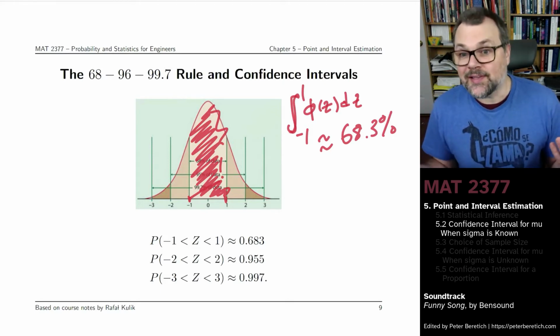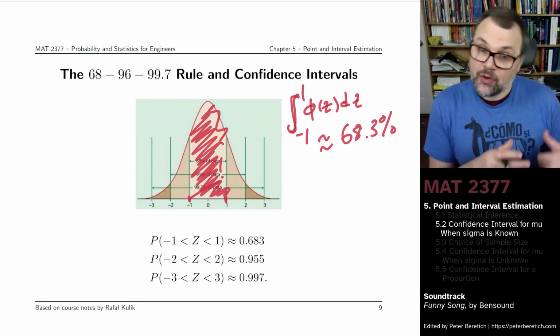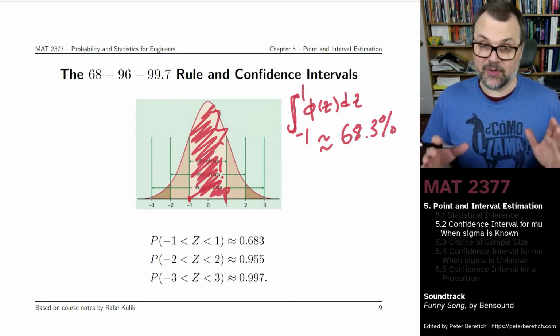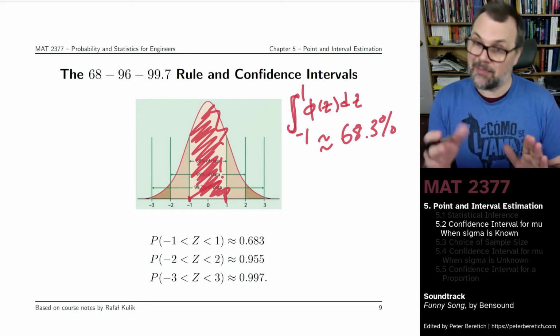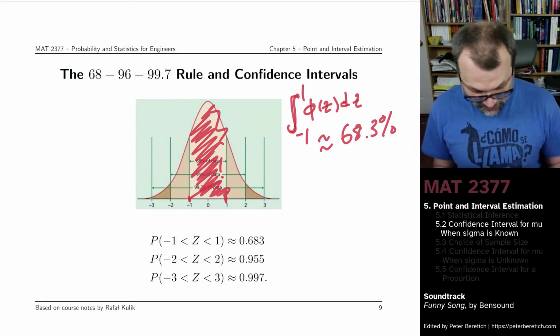What this means is that on average, whenever you draw observations from the standard normal, they will fall between -1 and 1 about 68.3% of the time.